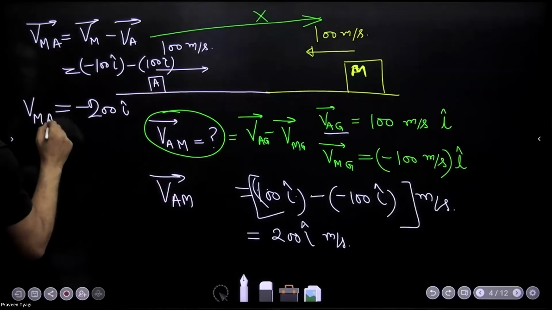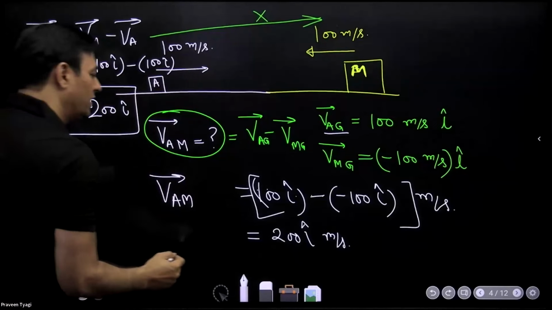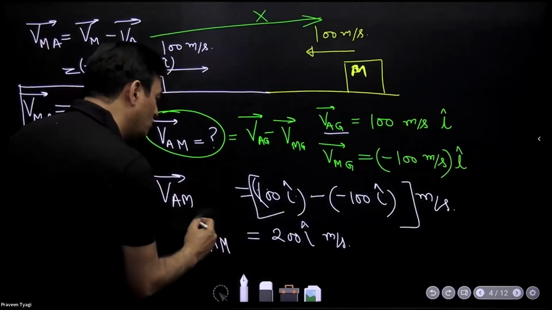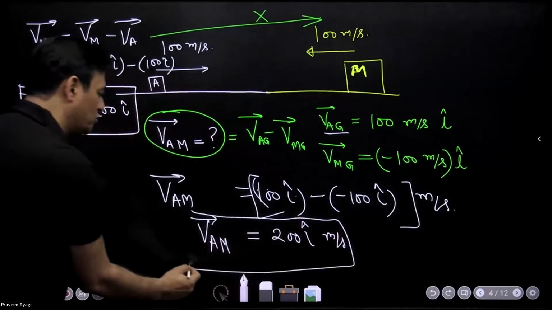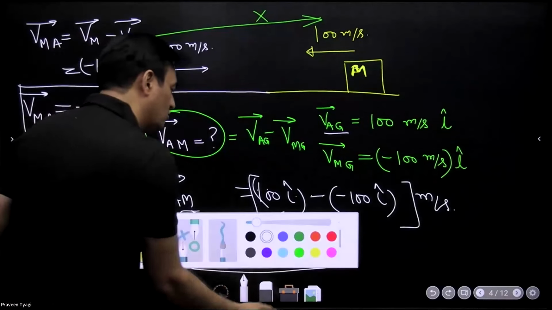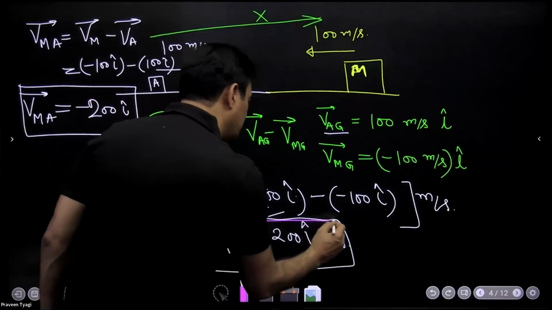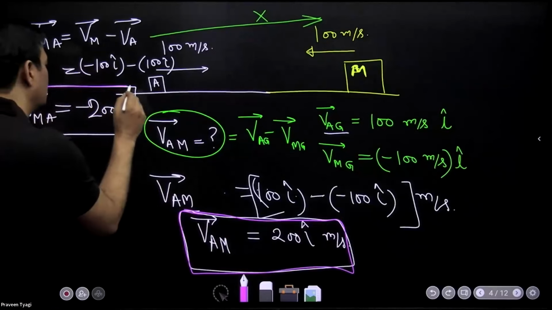Now, there is something which I want you people to realize. There is something which I want you people to realize here. And those who will realize it will be able to enjoy the future questions. So these are the two results. Please pay attention. This is the first result. And this is the second result.